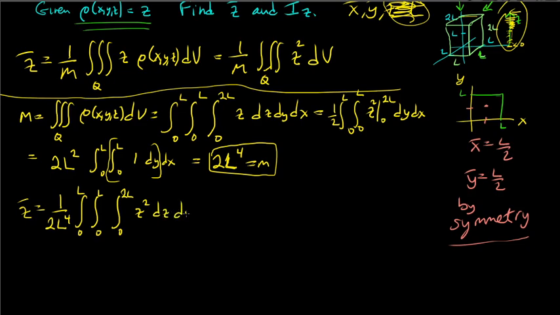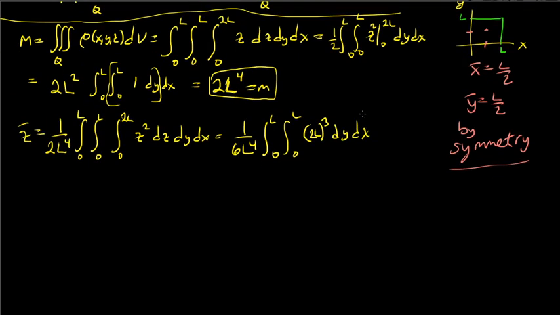We're integrating z squared, which means we get 1/3 z cubed. So 2L cubed is going to be 8L cubed, dx. I'm trying not to skip too many steps here. I don't want to lose anyone.